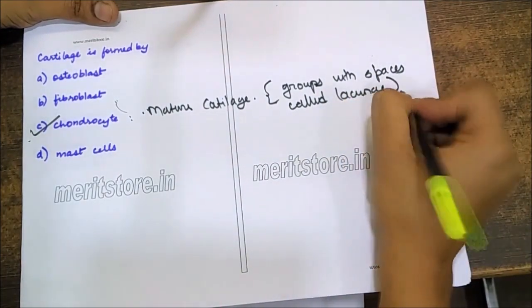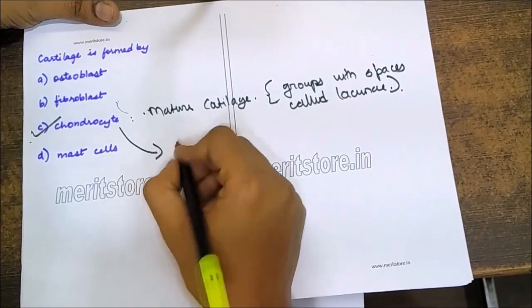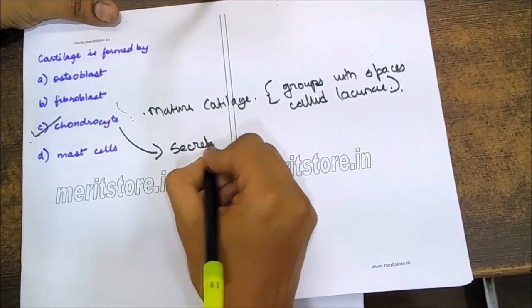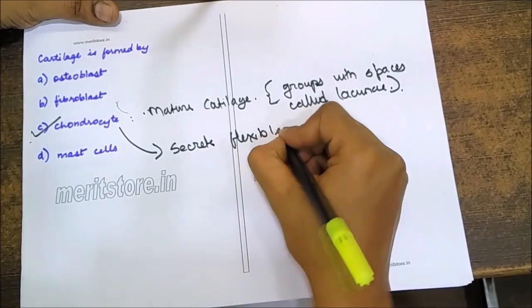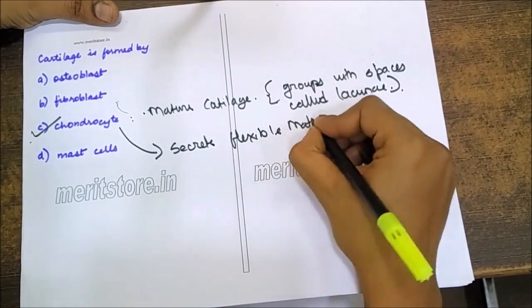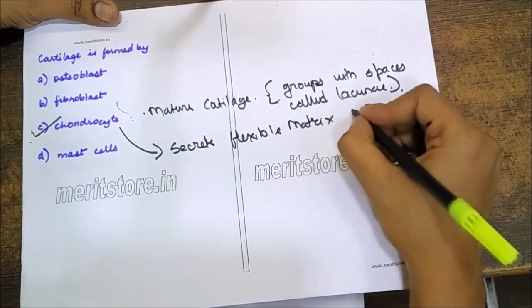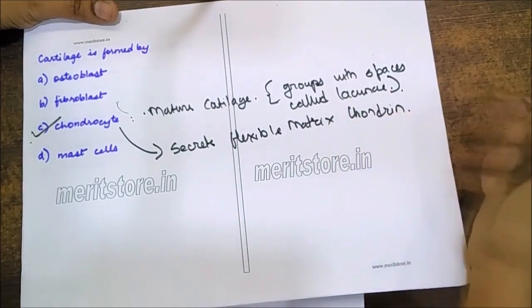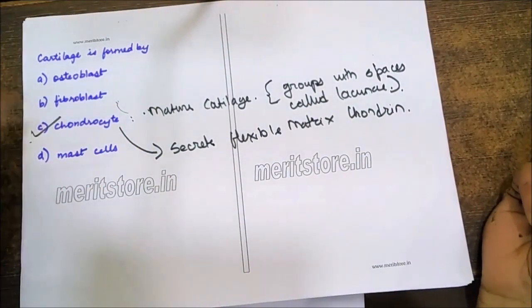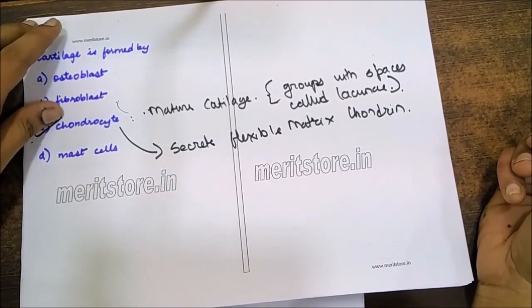Alright. Now these chondrocytes secrete a flexible matrix which is called chondrin, and eventually cartilage is formed. So the correct option is C.